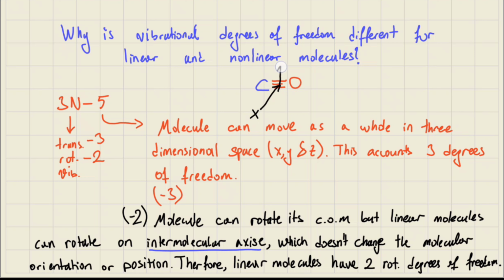If you move the molecule or rotate it around the z-axis, it will also change the orientation of the atoms. However, if you rotate the molecule in the y-axis, the orientation and position of the atoms will never change. Therefore, we have 2 rotational degrees of freedom for linear molecules.